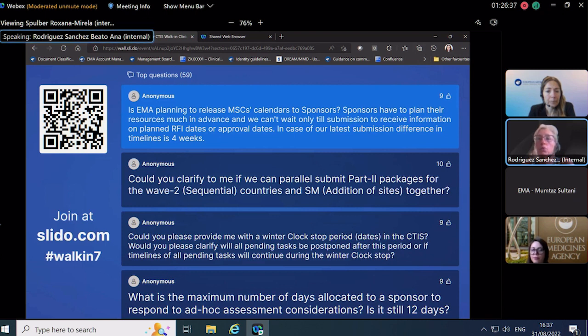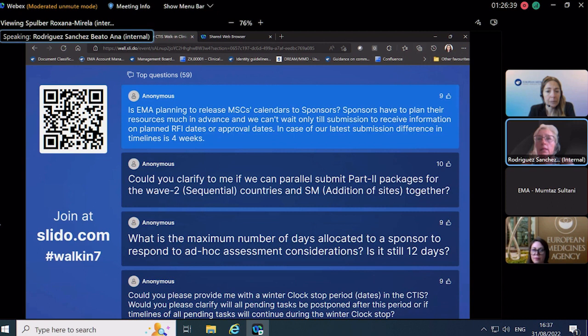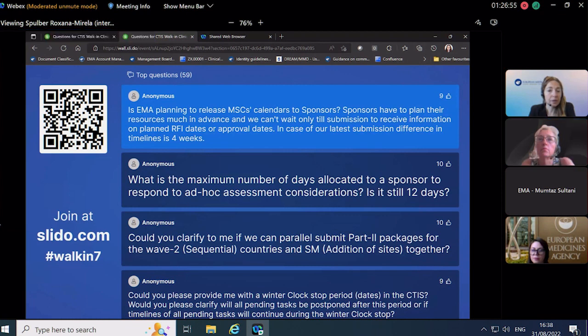So we don't intend to publish the member state calendars. They are official calendars that contain the bank holidays of those member states. And as I said, it's my understanding that the Commission compiles those calendars and makes them public. I don't think there are really initiatives to further publish these calendars.